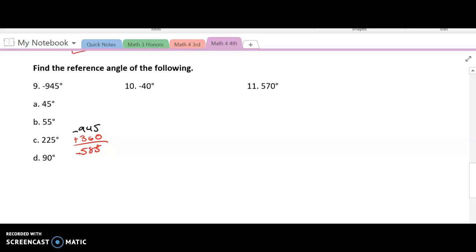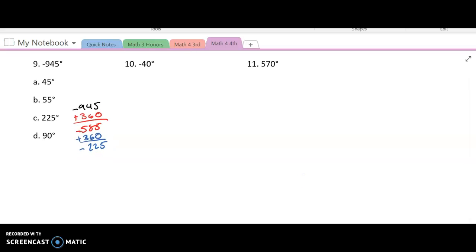Well, that's not between our 0 and 360, so we have to add 360 again. So adding 360 again, and we get negative 225. Now that's between 0 and 360, so we can mess with it now.